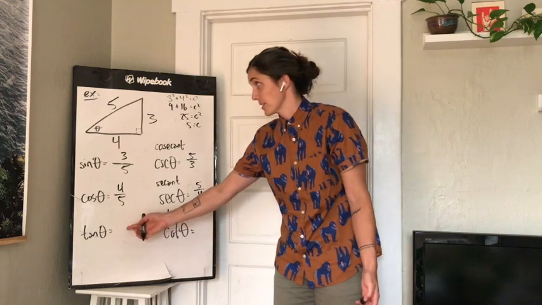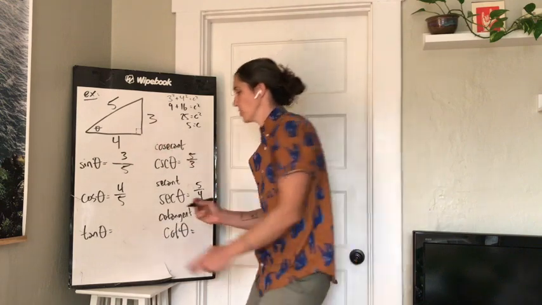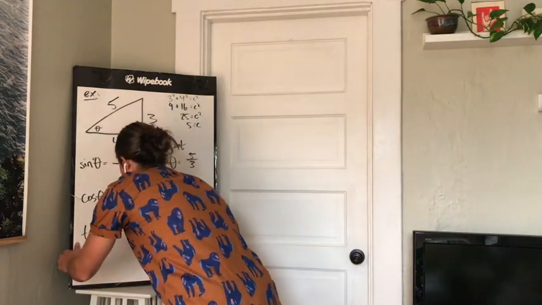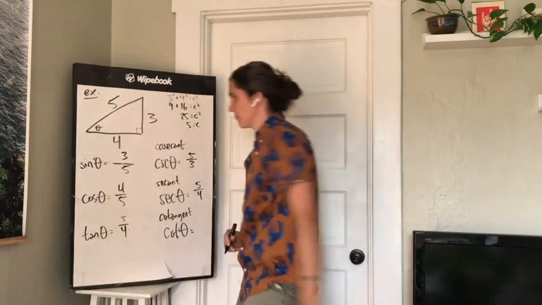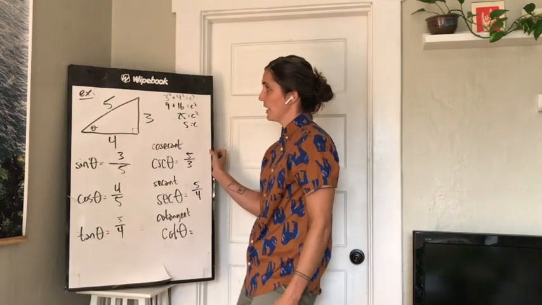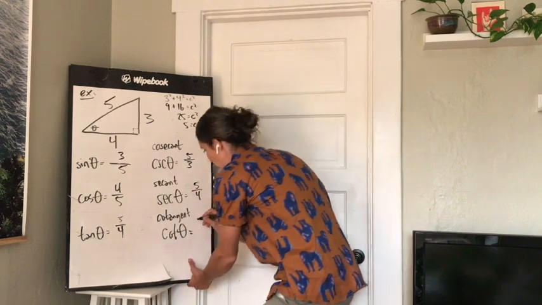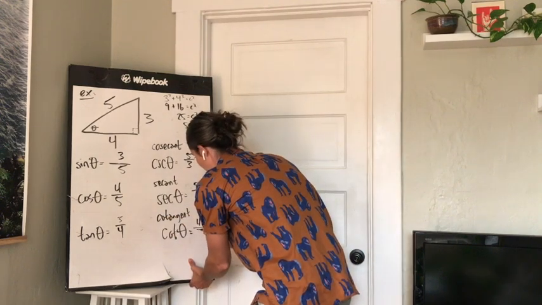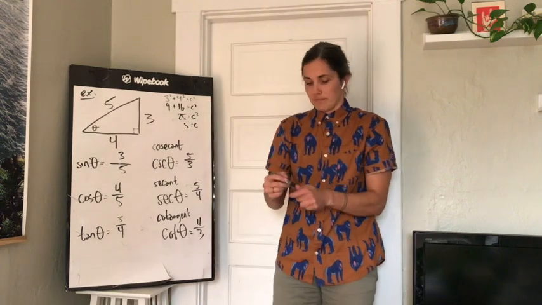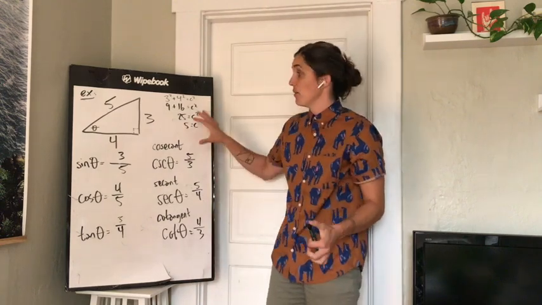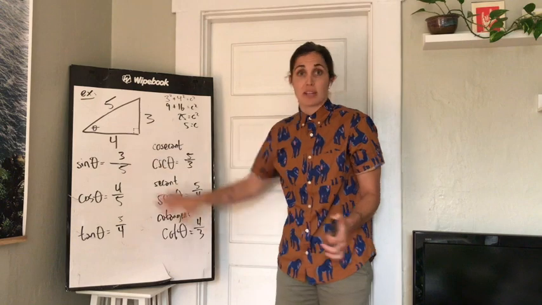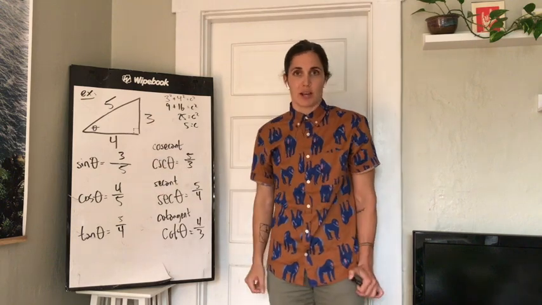And lastly, tangent, opposite over adjacent, is 3 over 4. So if we know tangent, we then know cotangent, because it's the reciprocal. Cotangent would be 4 over 3. That's it. And now I have found all 6 trig relationships for that right triangle.